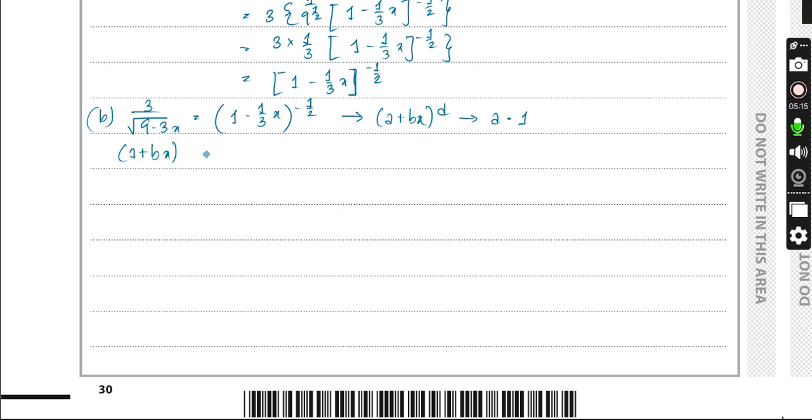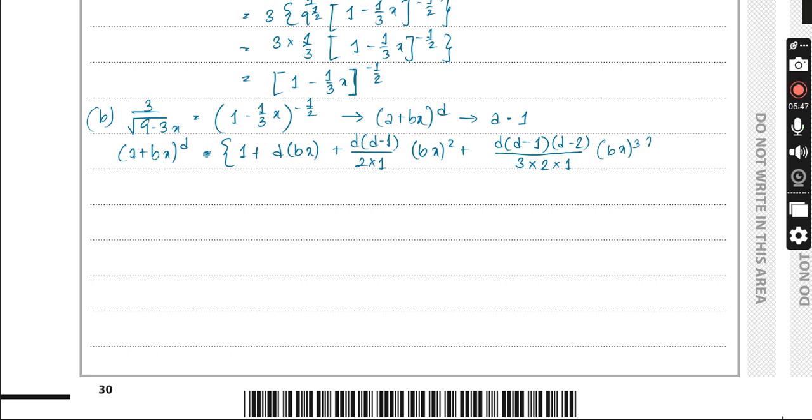When the expression is in the form (a + bx)^d, we first have to do this: 1 plus d multiplied by bx, plus d multiplied by (d minus 1) divided by 2 multiplied by 1, and it would be (bx) squared, plus d multiplied by (d minus 1) multiplied by (d minus 2) divided by 3 multiplied by 2 multiplied by 1, into (bx) cubed.